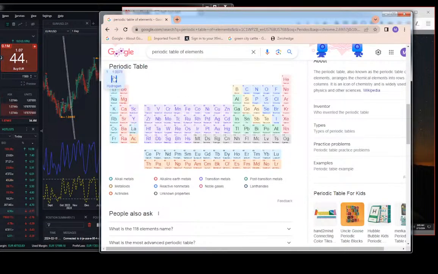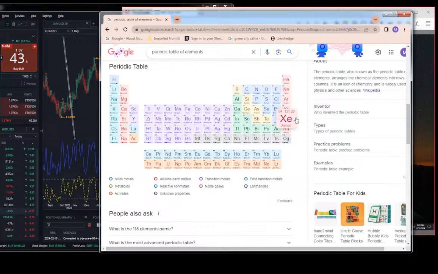And these are elements. That's like hydrogen. There's oxygen there. Let's find gold. There's copper right there, Cu. Let's find gold, Au right there. There's gold. And then let's see silver. Silver's on here somewhere.